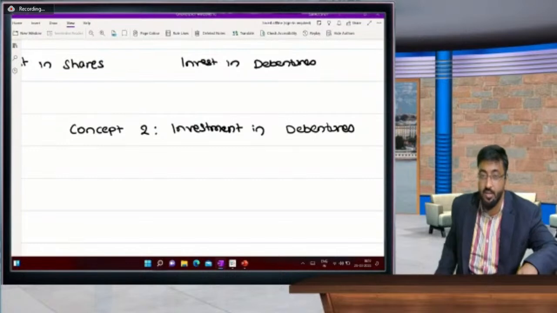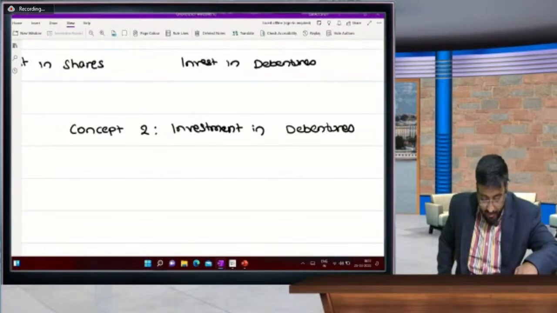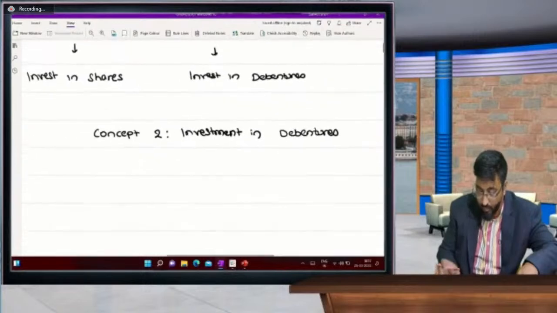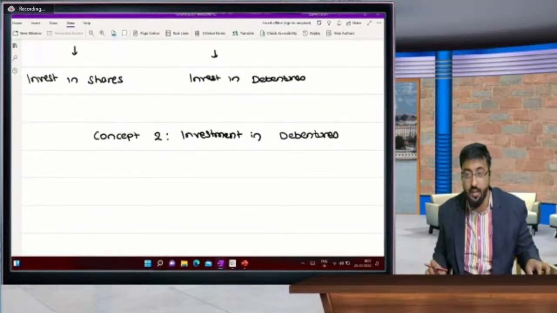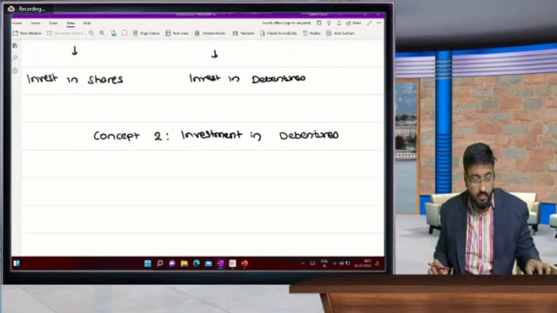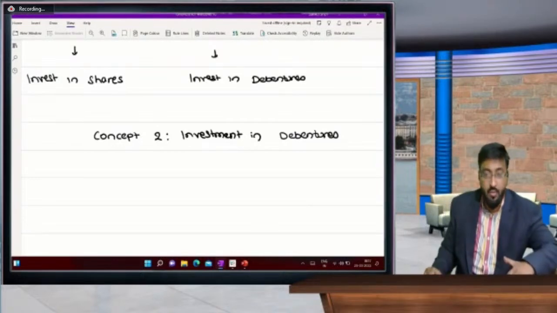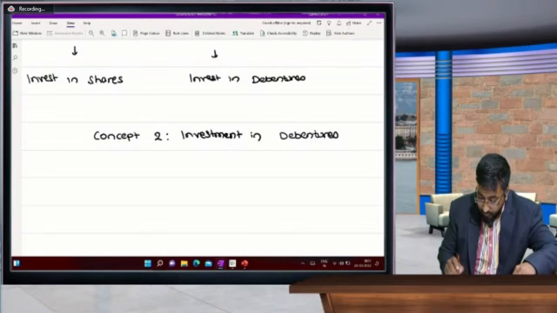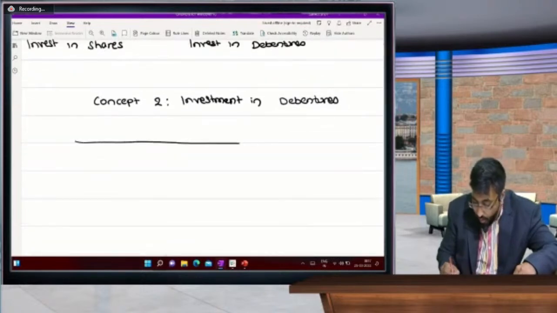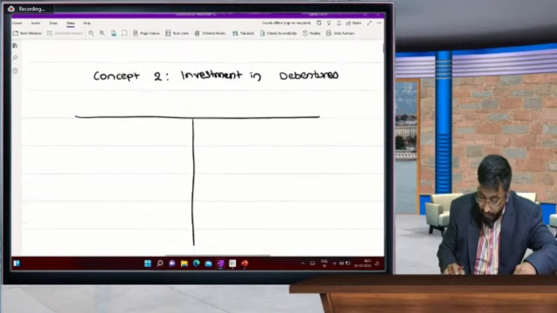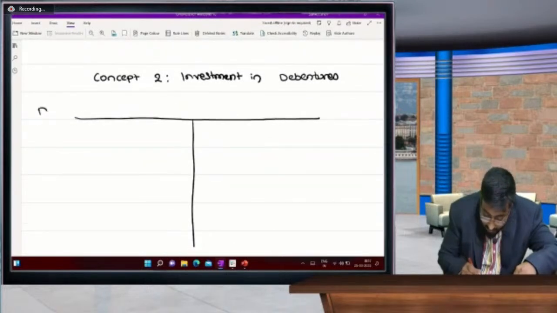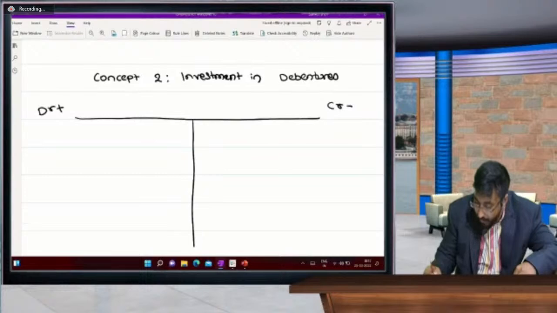Write down, everyone, investment in debentures. Now, how to understand? Write down one ledger account, debit plus, credit minus.